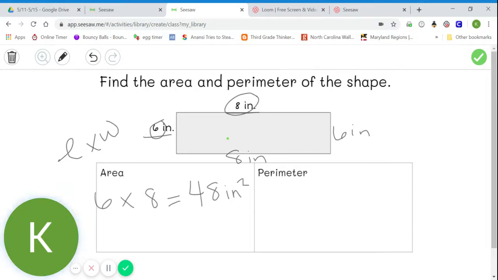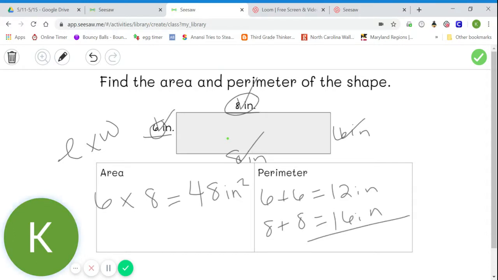Now on to my perimeter. As you know, I like to start with my doubles when I create this equation. So I'm going to do 6 plus 6, which equals 12 inches. Then I'm going to do 8 plus 8, which equals 16 inches.